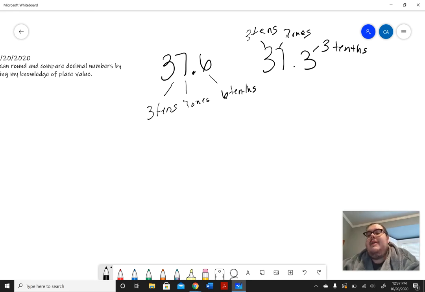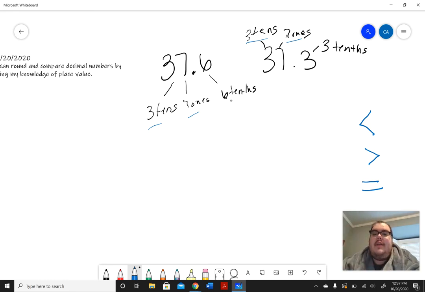Okay, and we want to compare these numbers. Remember, when we're comparing numbers, we're thinking, is this number less than, greater than, or equal to the number we're comparing it to? So let's look at these two numbers that we have. We have 37 6/10. We have 37 3/10. Looking at our breakdown, each of these numbers have 3 10s and 7 1s, right? So that information is not going to be helpful to us, right?